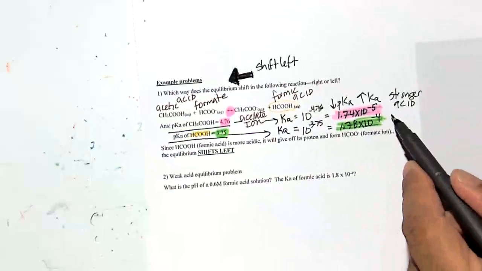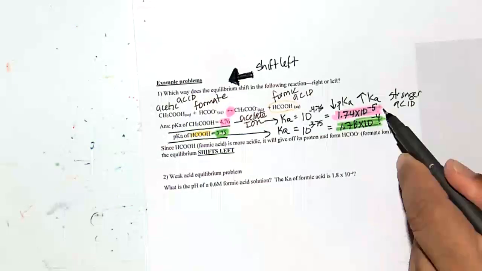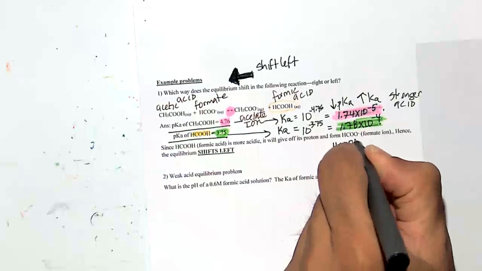Formic acid is just a better acid. It's better at its job of being an acid, 10 times. So this is 10 times larger than that. So formic acid is a better acid.